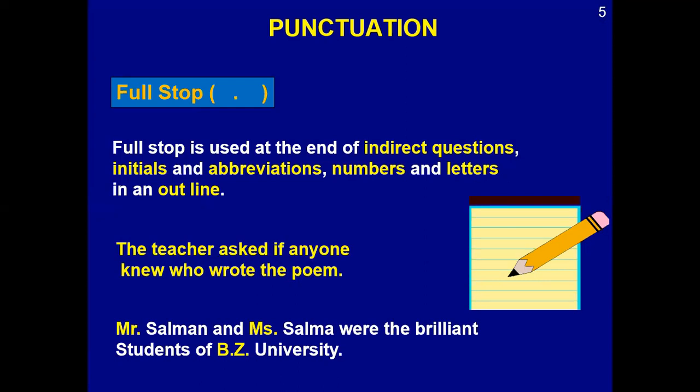Mr. Salman and Miss Salma. So here if you see Mr. and Miss, both are basically abbreviations. So then we have used it here, and it is basically initials, started with M.M., with capital letter. Was the brilliant student of B.V. University.